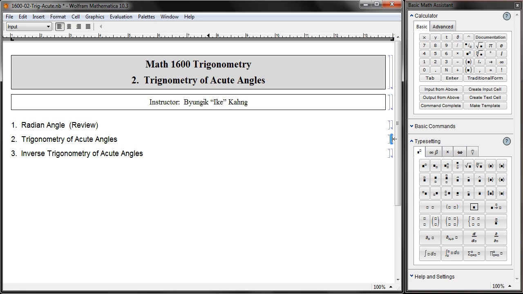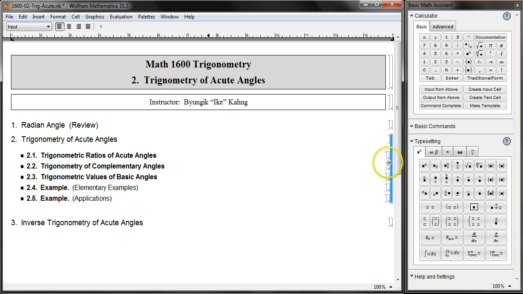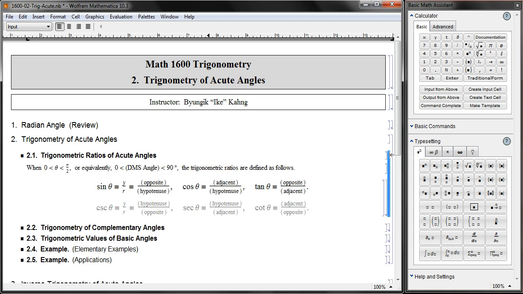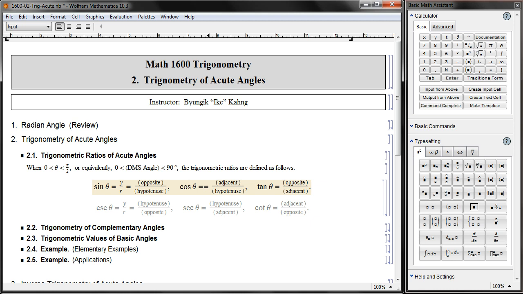Ready, everyone? Okay, here we go. Trigonometric ratios of acute angles. Why do I call them ratios? Well, look at these definitions. They're all ratios. Y over R. Interestingly, I didn't give the algebraic expression.